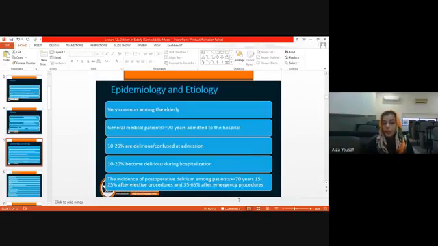The incidence of post-operative delirium among patients aged 17 years or more is 15 to 20% after elective procedures and 35 to 65% after emergency procedures.